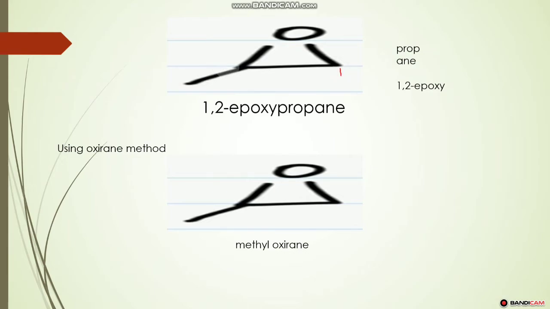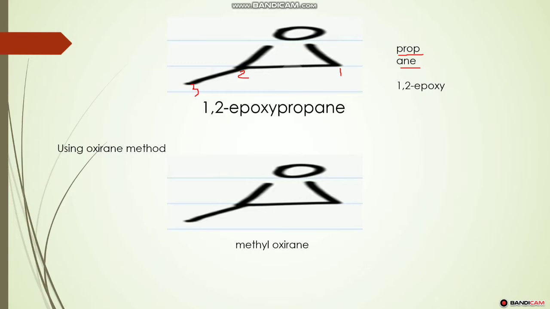And this is number 2. Having a total of 3 carbon in the parent chain, number 3, we're going to give the first name of prop and the last name of ane because it is single bonded.